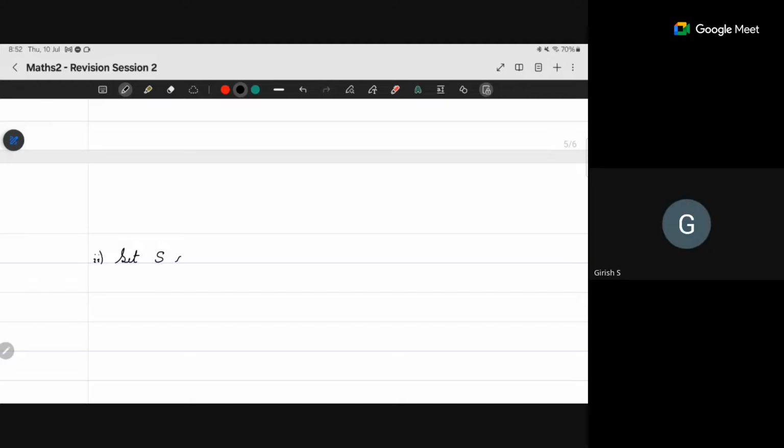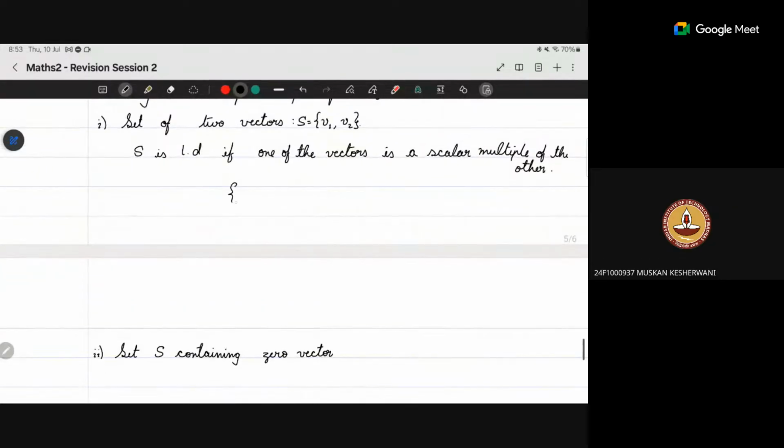Set S containing the zero vector. Please explain once more the previous one. Okay, suppose you have, I'll give an example maybe: 1 0 1 1 and 1 0 minus 1 minus 1. These are vectors in R4.